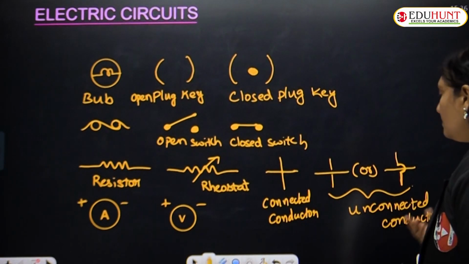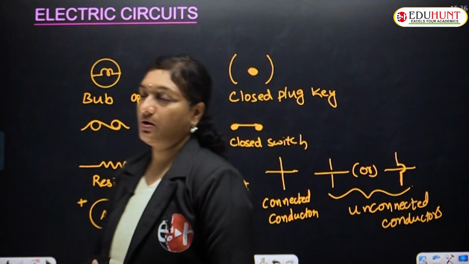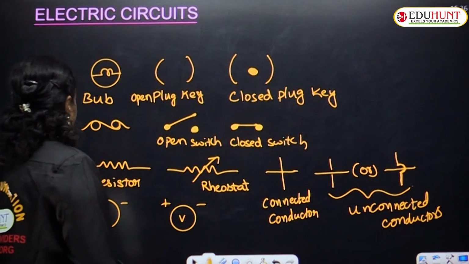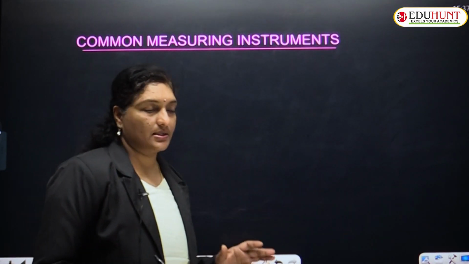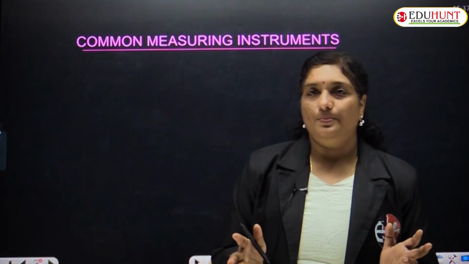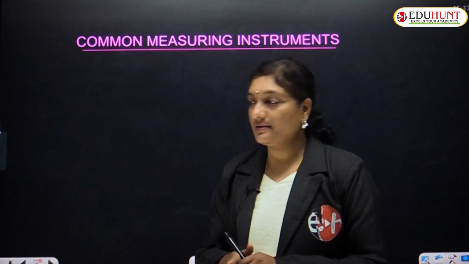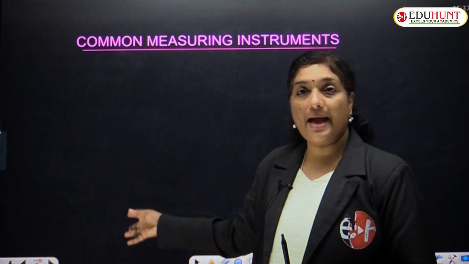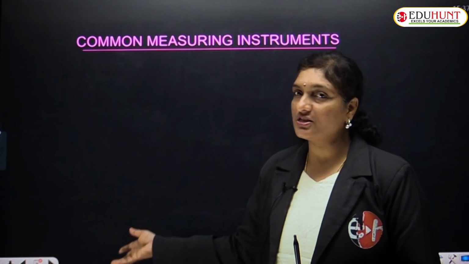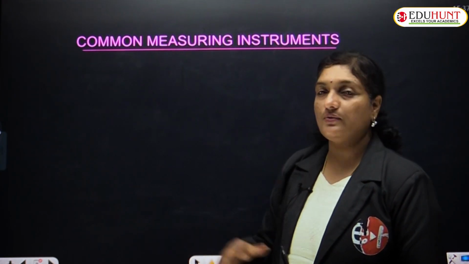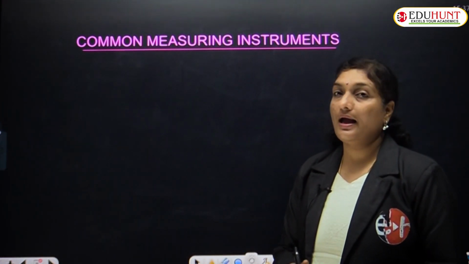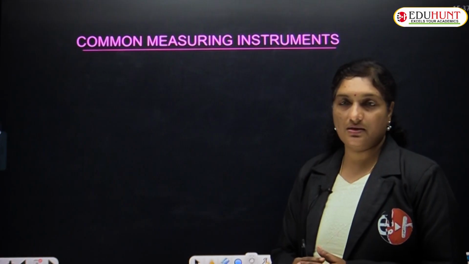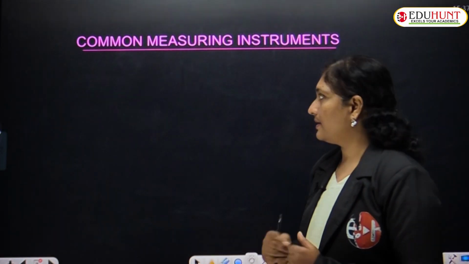Now we shall move to the next concept regarding common measuring instruments. Just now we discussed some measuring instruments, the ammeter and voltmeter. The function of an ammeter is to measure the amount of current flowing across the circuit, whereas the voltmeter tells us the amount of potential difference applied across a circuit.